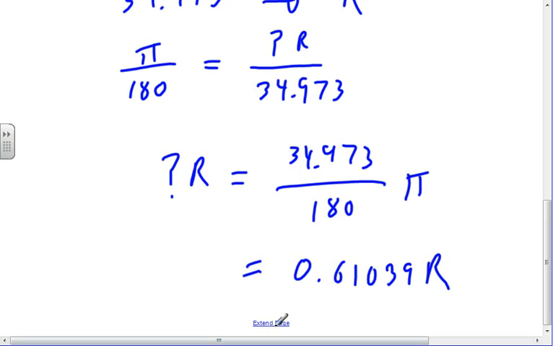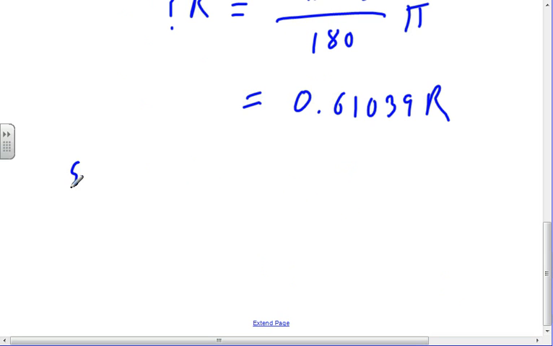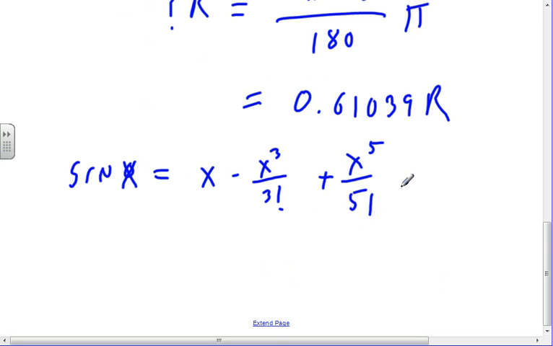28, we find that the sine of x is x minus x cubed over 3 factorial plus x to the 5th over 5 factorial minus x to the 7th over 7 factorial plus blah blah blah blah.